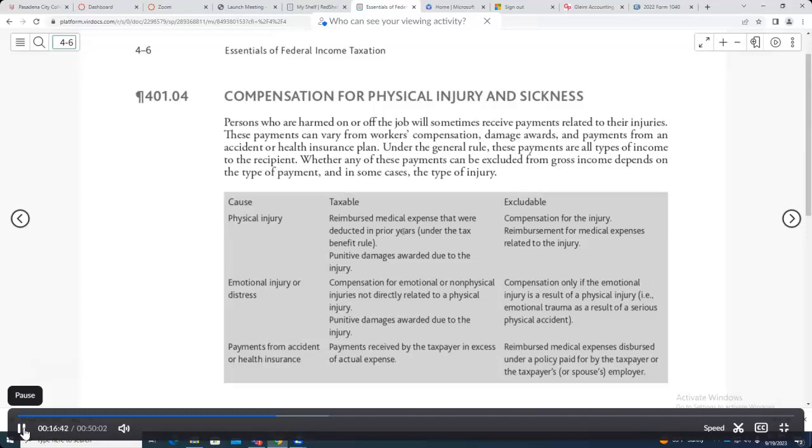They say, wait a moment, you got $100,000 here in year 2022, but over there in year 2021, you showed, let's say, $80,000 of medical expenses in your itemized deduction, and you got this much benefit out of that, right? So you used that benefit, now you got reimbursed, so whatever you get reimbursed now is income. It's taxable now.